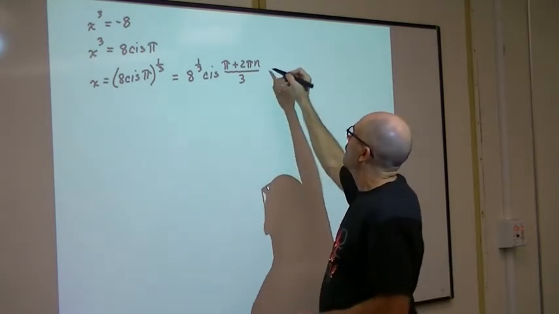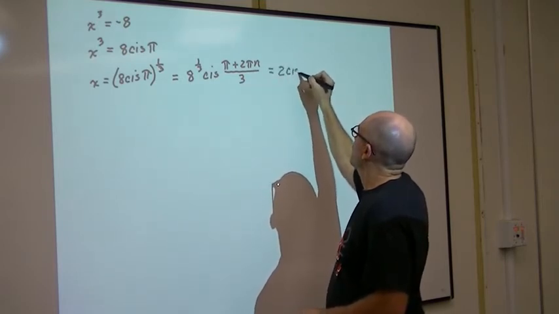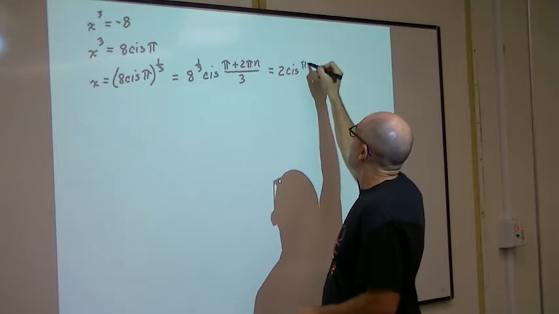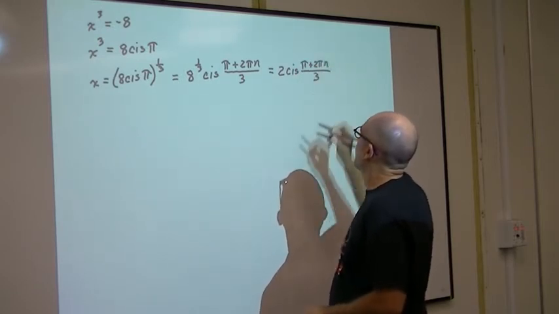You'll find out. So this equals 2 cis pi plus 2 pi n all over 3.